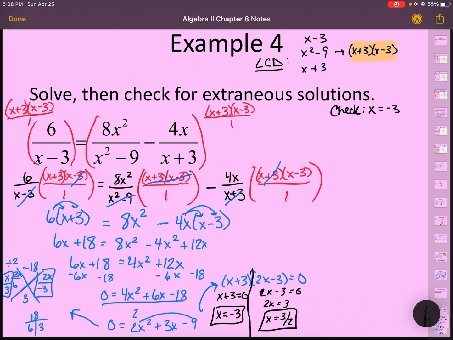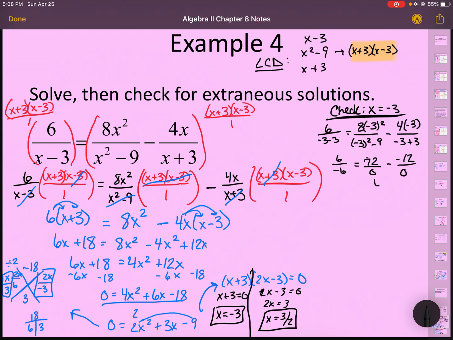x being negative 3, I get 6 over negative 3 minus 3. Plugging in a negative 3 here. Okay, so this is 6 over negative 6 equals 72 over 0, and then minus negative 12 over 0.